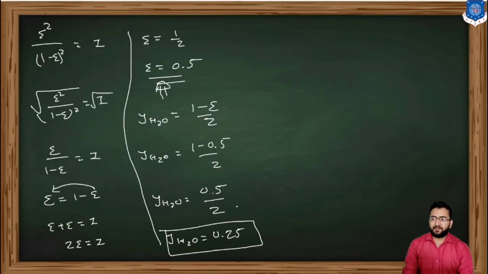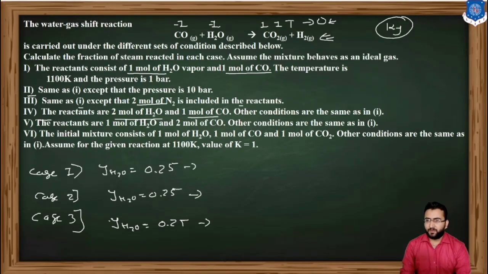Now let's discuss case 5. For case 5, the reactants are 1 mole of H2O and 2 mole of CO. Here we are just replacing the value of moles. In the previous case there were 2 moles of H2O, whereas here there is 1 mole of H2O.